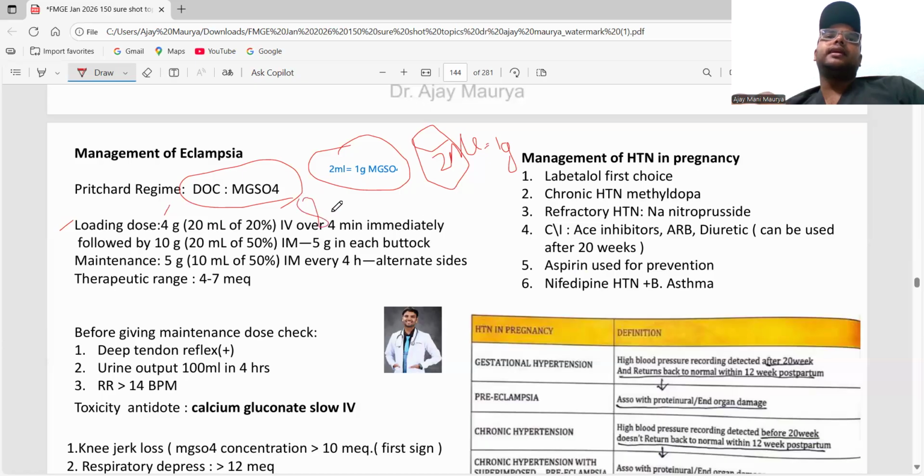So 8 ml of drug plus 12 ml normal saline, total 20 ml. You have to give this 20 ml within 4 minutes.